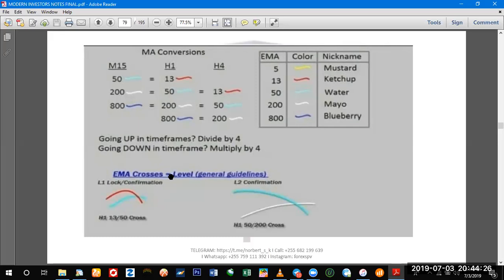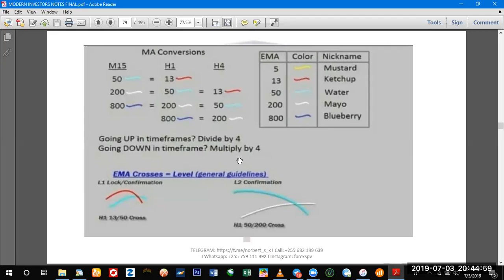The EMA crosses usually confirm the levels. The 13 and 50 cross on the hour 1 time frame, that's a level 1 lock. So if the 13 and 50 on the hour 1 cross, this means that it's a 50 and 200 cross on the 15 minutes. That shows that level 1 is locked.